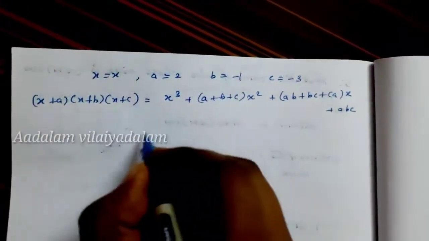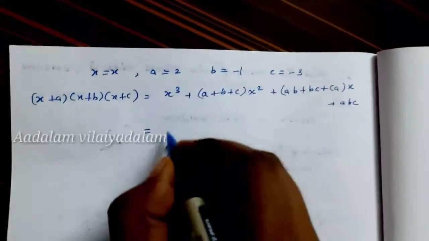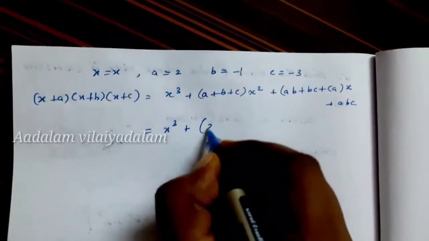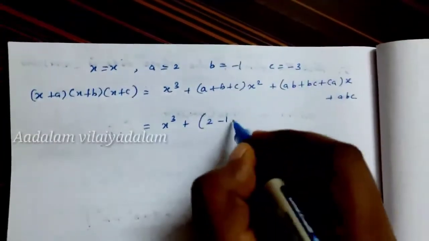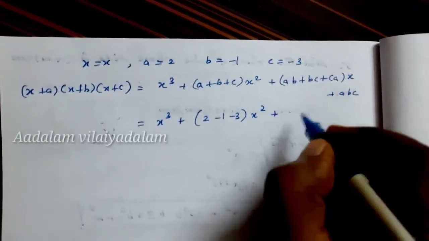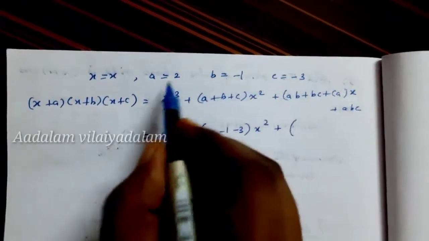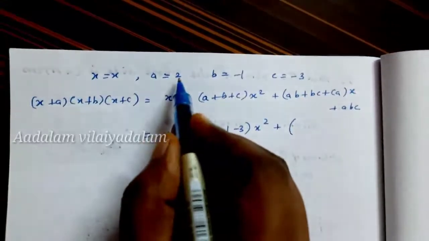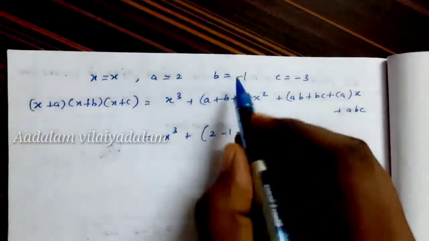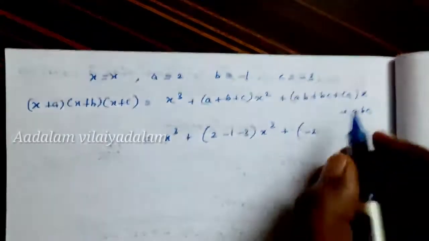Now we can substitute these values in the formula. Then we get x^3 plus, what is the a value? (2 - 1 - 3) into x^2. Then we can write ab, which means multiplication of a into b. So 2 into minus 1 we get minus 2. What is bc? Minus 1 into minus 3.